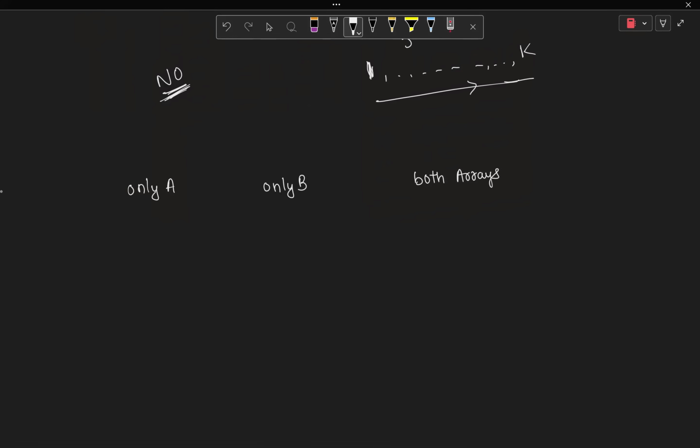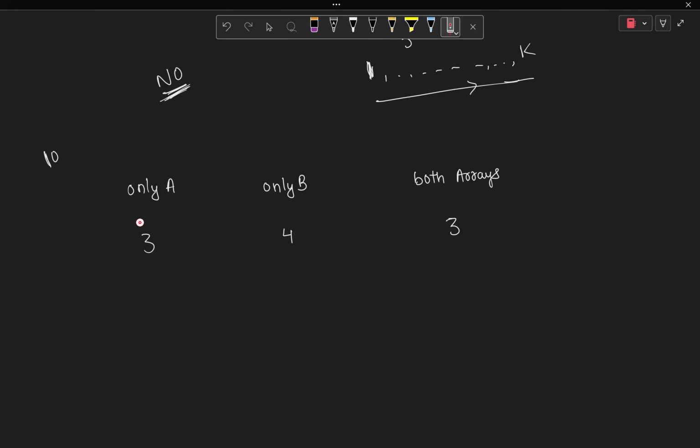So let us say there were 10 elements in total and 3 came in the first array only, 4 elements came in both of these arrays and the remaining 3 came in the other array.